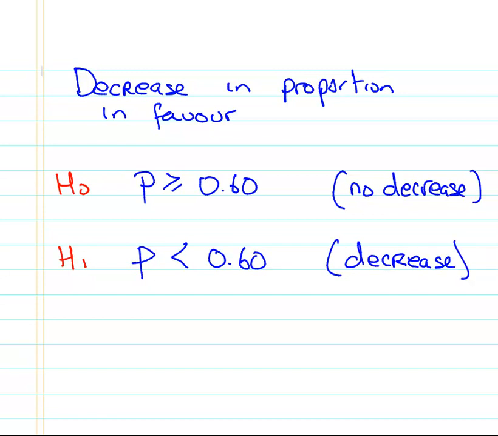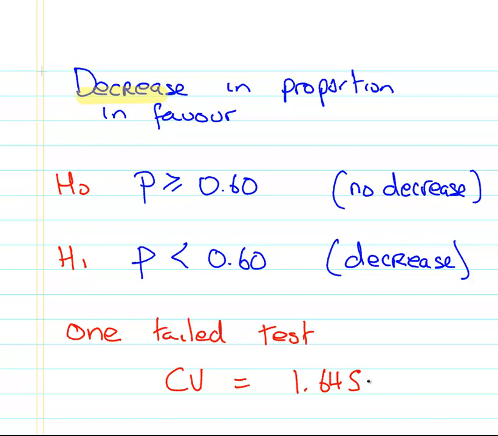So that's in case we were asked for a decrease rather than a change in proportion. Has the proportion decreased? Now, everything's pretty much the same as before, except this is a one-tailed test. And there, the critical value would be 1.645, which would give us a different answer this time.